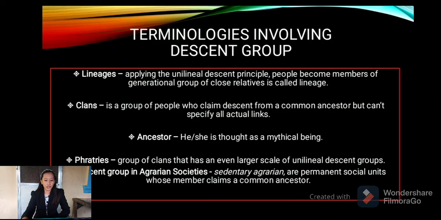The ancestor is thought of as a mythical being. Phratry is a group of clans, an even larger scale of unilineal descent groups, and the descent group in an agrarian society is the sedentary agrarian, a permanent social unit whose members claim a common ancestor.